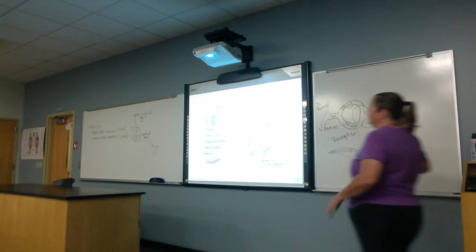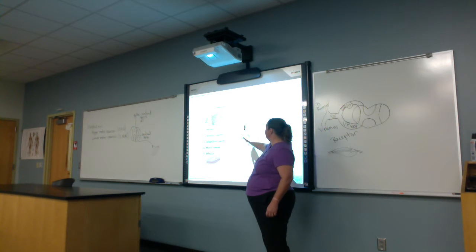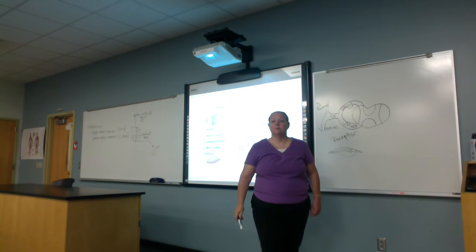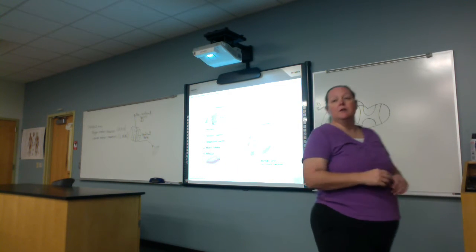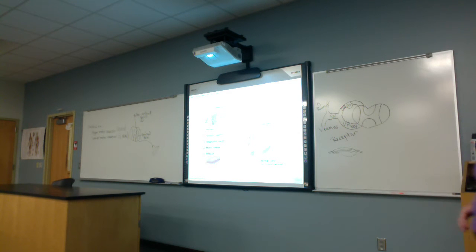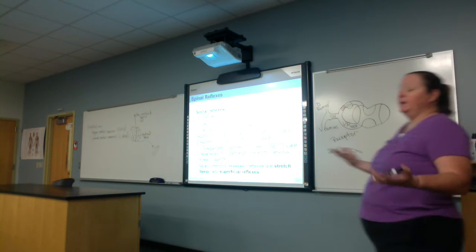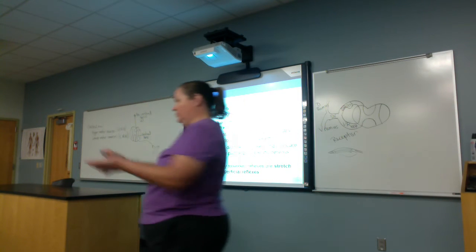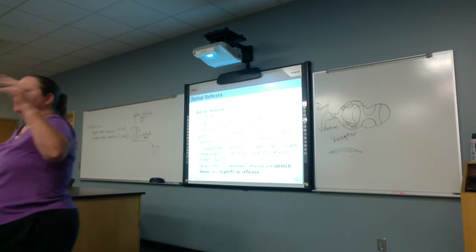So this blue comes directly to the red. There's no interneuron in the middle. That's not what I'm going to ask you to draw on the test. I'm going to ask you to draw one with an interneuron.